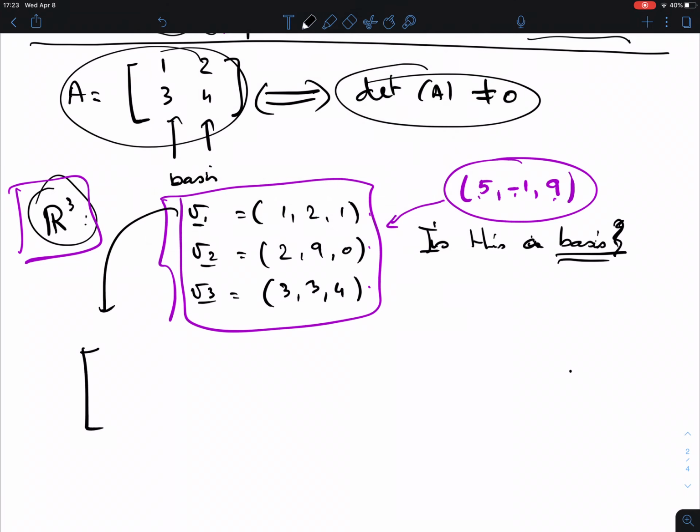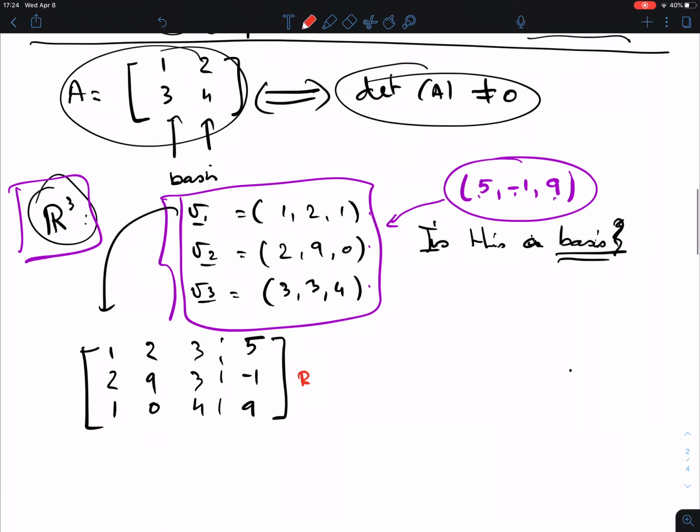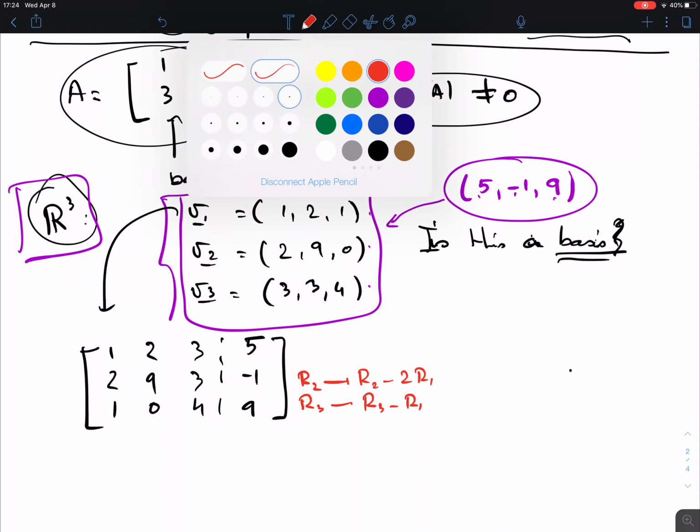Again, remember these have to be vectors, column vectors. And now it's basically using this as my augmented column and solving. So the row operations that we do were row 2 minus 2 times row 1, row 3 minus row 1. So go look up where this all comes from.